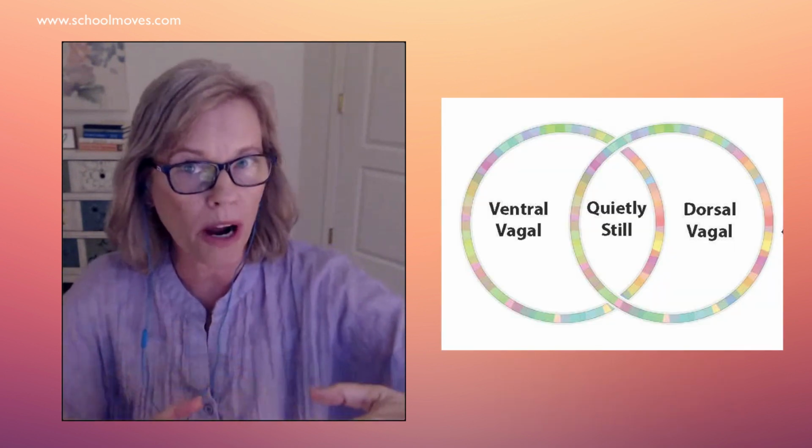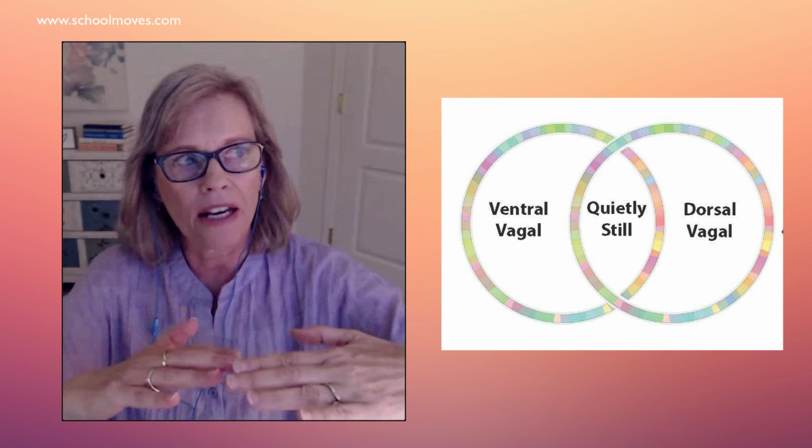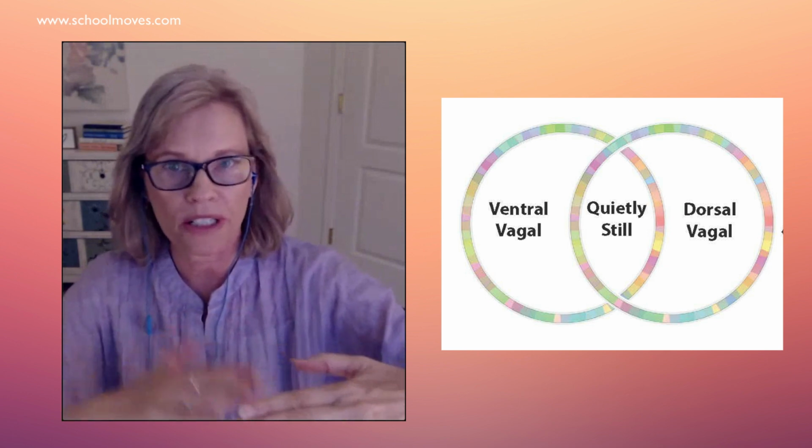You have to have a lot of safety on board to go to quietly still. And if you don't have that safety on board, it's going to be difficult. And you could just go to total shutdown at that point. So if you're asking a student who has a lot of trauma to be quietly still in the classroom, they could just go all the way into shutdown.